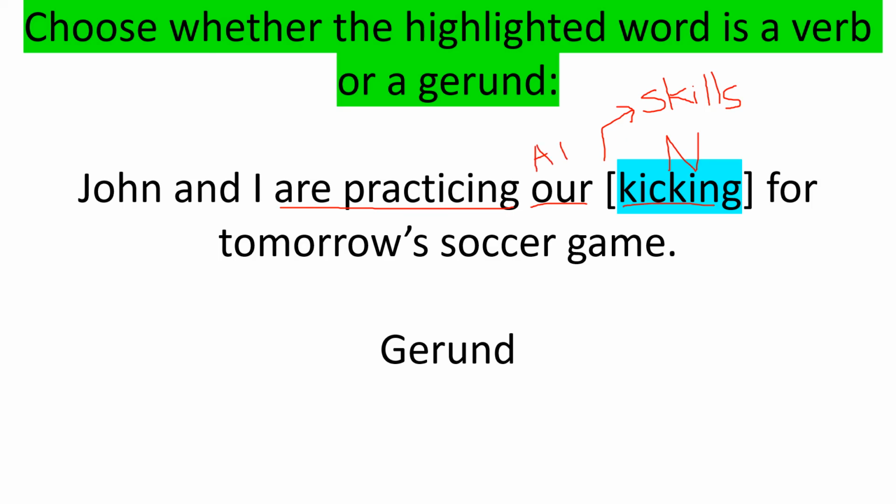It's a possessive adjective. You might want to think it's a pronoun, but it's not. It is an adjective. And what do adjectives do? They describe nouns. Our kicking. Okay, right. It doesn't say John and I are kicking. It says John and I are practicing. This is the verb. Okay, so that's a gerund.